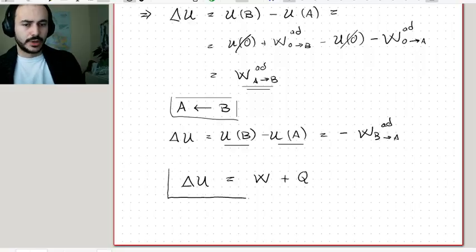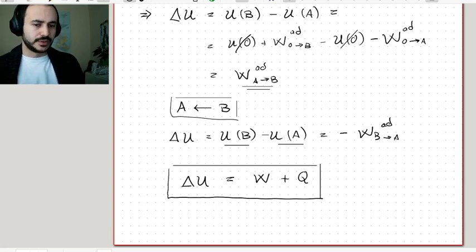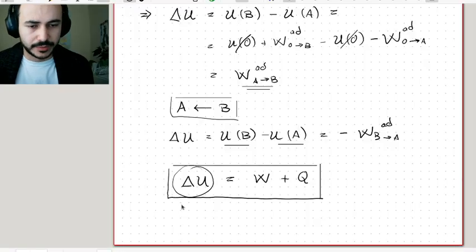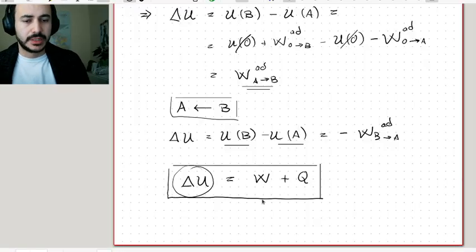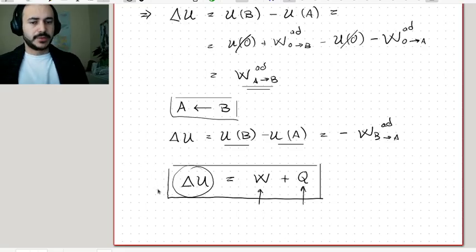So whenever I have a system which is not perfectly thermally insulated, the change in internal energy, or in other words, the adiabatic work in going from one equilibrium state to another equilibrium state, is not entirely going to be due to whatever mechanical work I'm doing to the system, because there's always going to be something else. But this, I can always define.